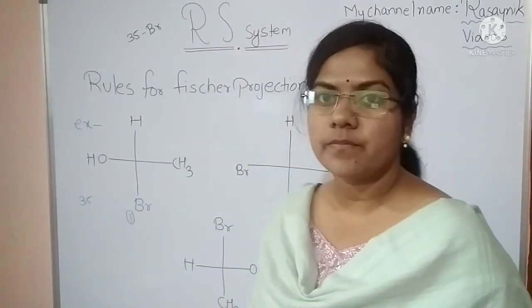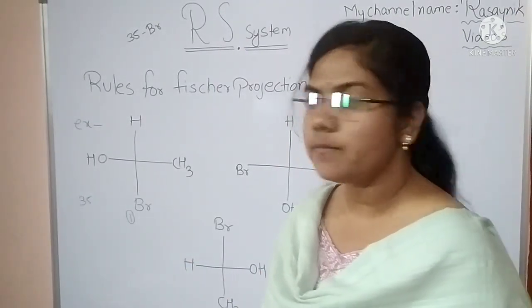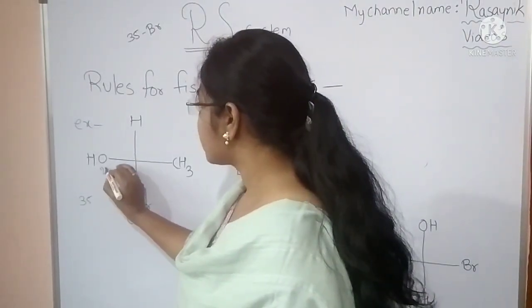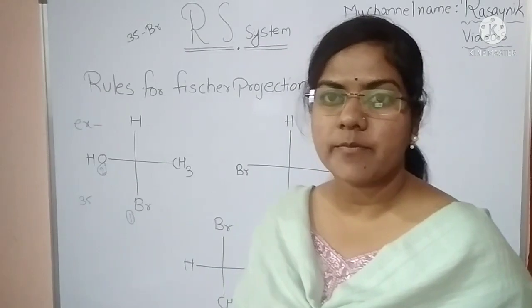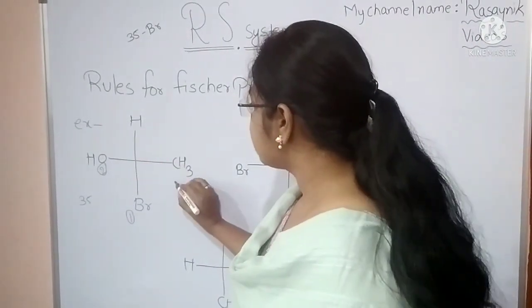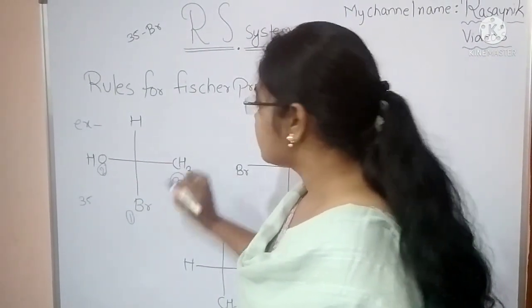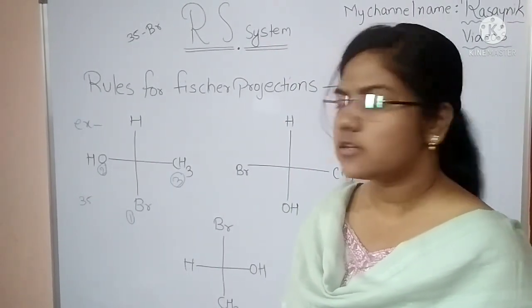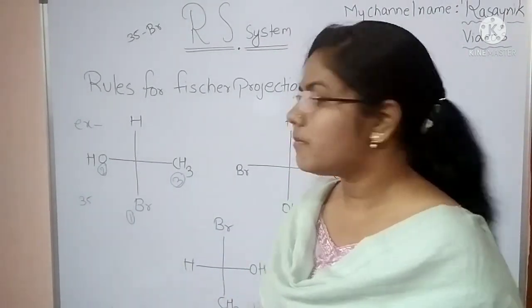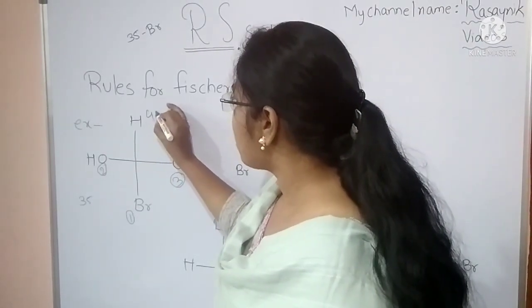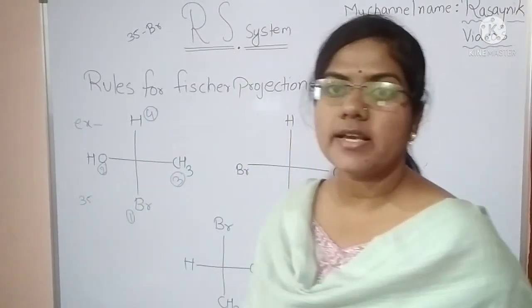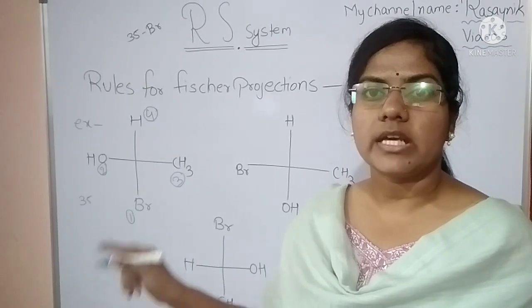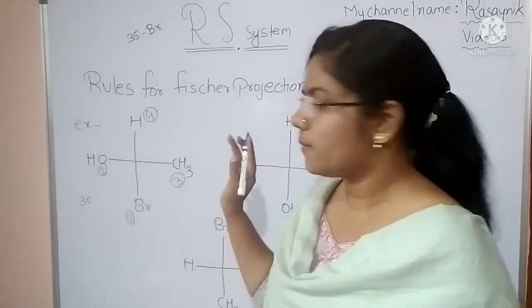This is first. Then next, what will come? Oxygen atom. This is second priority group. This is third. CH3 carbon, the atomic number of carbon is 6, so it will be third. And the fourth priority group, that is the least priority group, is given to hydrogen.